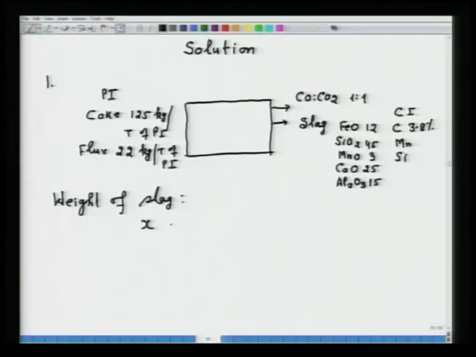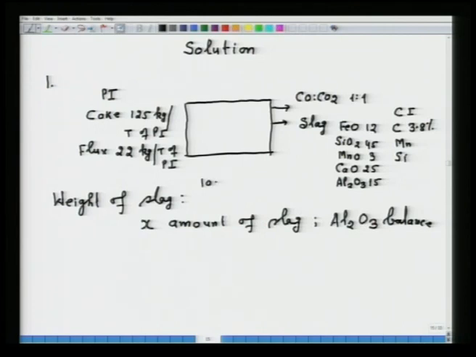So, say X is the amount of slag. Let me do first of all the Al2O3 balance, and of course, the basis I am taking is 1000 kg pig iron. Let me write down, basis of calculation is 1000 kg pig iron.